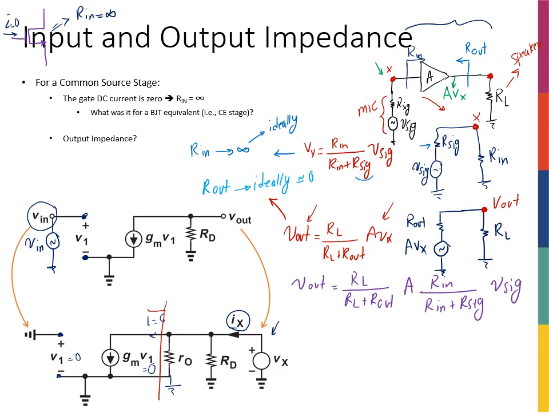All my circuit is to the right of this red line. To the left, I have an open circuit across this current source, and the rest is just nothing. So I have just RO in parallel with RD. So I can say Vx over Ix is simply RO in parallel with RD, and that would be my output impedance.